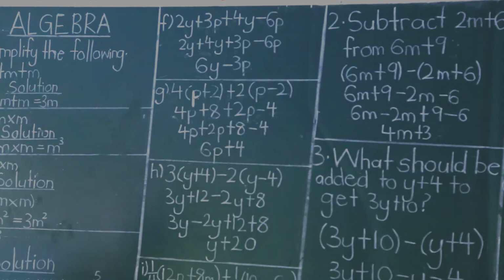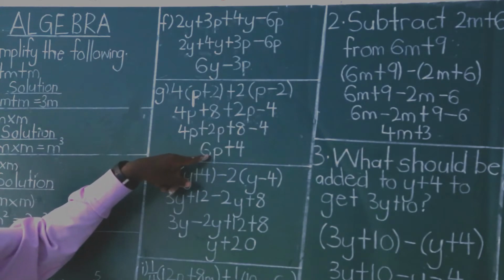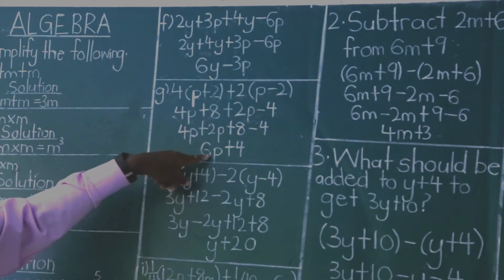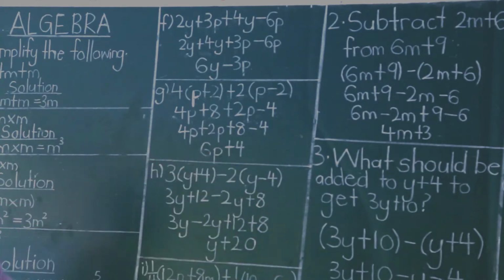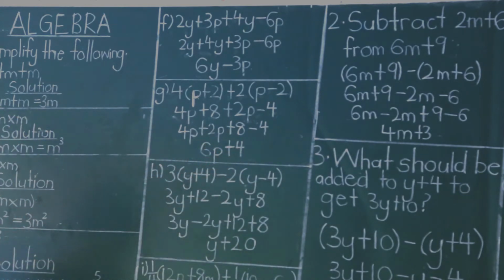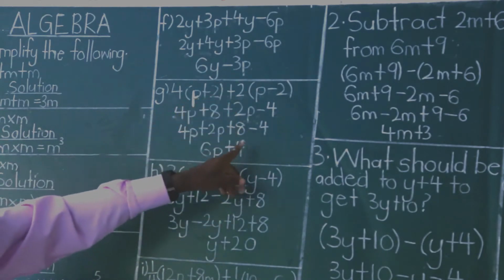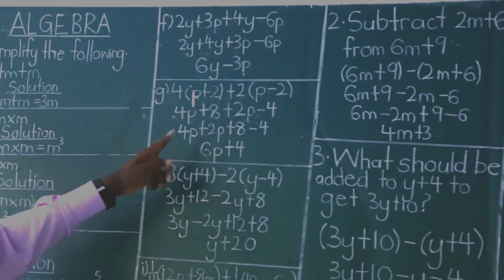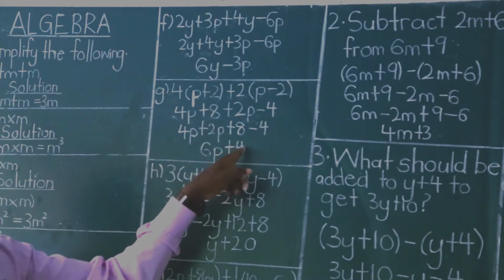Then the simplified algebraic expression is 6p plus 4. In that way, never should you add these two because these are p's and these are not. So the answer is 6p plus 4.